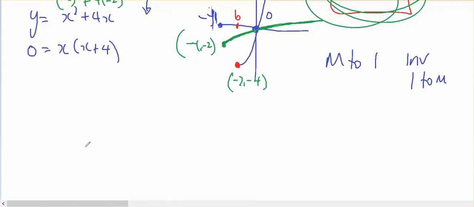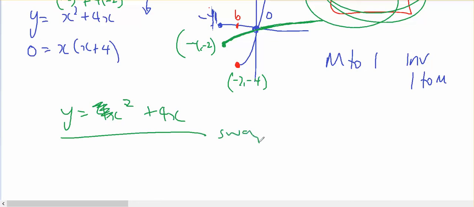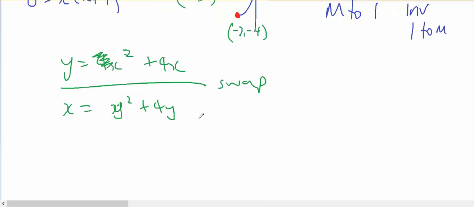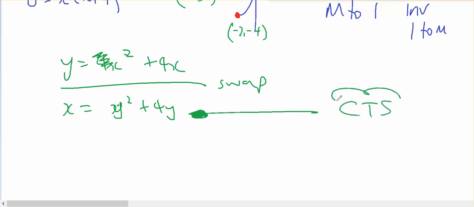So to work out the equation of the inverse, I've got y equals x squared plus 4x. Swap: x equals y squared plus 4y. Now when I've got y's appearing in two spots and I wish to consolidate them and I have a quadratic, I'm going to complete the square, which will consolidate down to 1y.